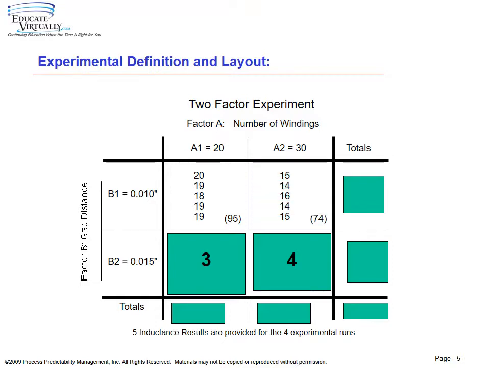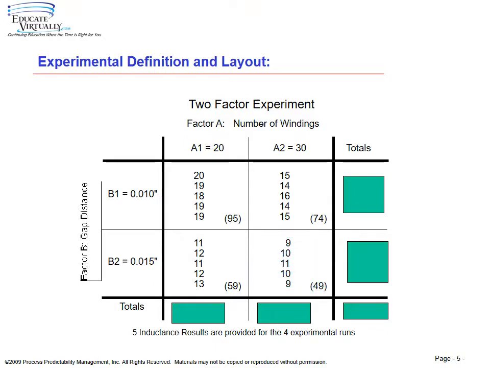We built 5 more transformers, and here's the inductance values. At the A1, B2 combination, or 20 windings and 15/1000ths gap, we built 5 more transformers. And at the A2, B2 combination, 30 windings and 15/1000ths gap, we have another 5 transformers.